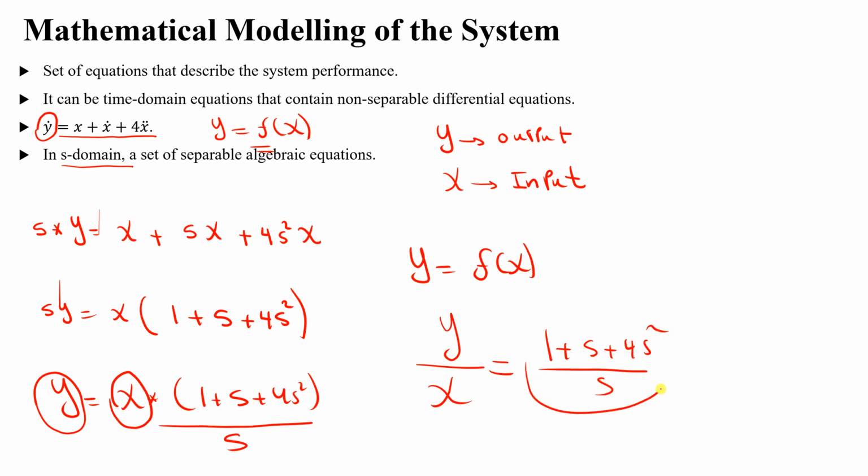This equation here is called the transfer function of the system that relates input with output. So if I would like to find y when x is a step input or when x is a ramp input, you can do this easily in the S domain.